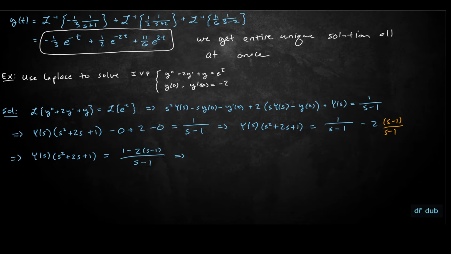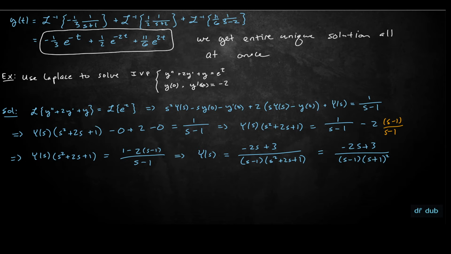So then capital Y of s is equal to negative 2s plus 3 over s minus 1 times s squared plus 2s plus 1. So that's actually negative 2s plus 3 over s minus 1 times s plus 1 squared.